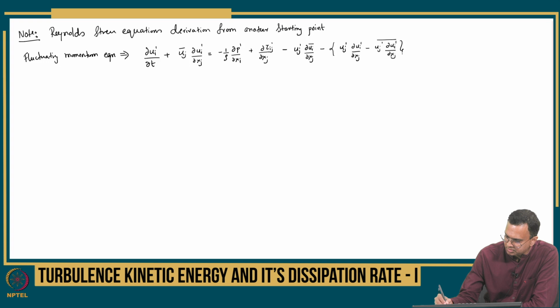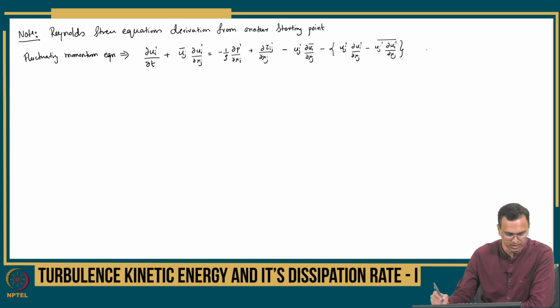This was an average term. So if you compare this particular equation with the equation that we have used, you will see that the only term that is different is this particular term. Every other term is the same. We just multiplied this with another fluctuation, uk prime, and then averaged. This particular term was different because here we already used the incompressible consideration, right?